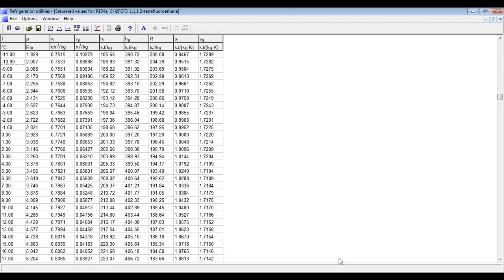And then maybe I will go for 3 bar. Two-phase, 3 bar. Here is plus 1 degree.